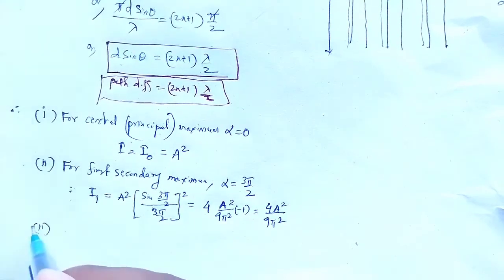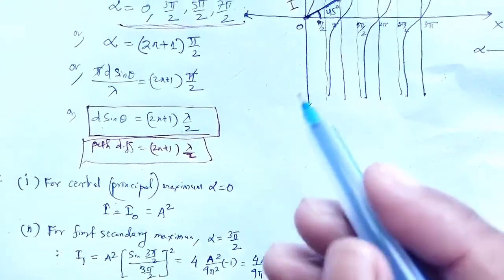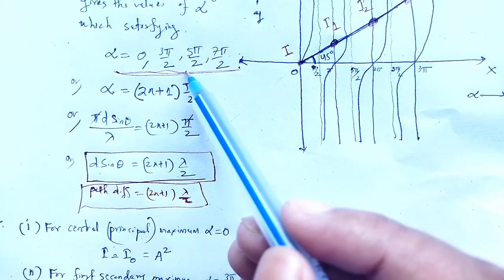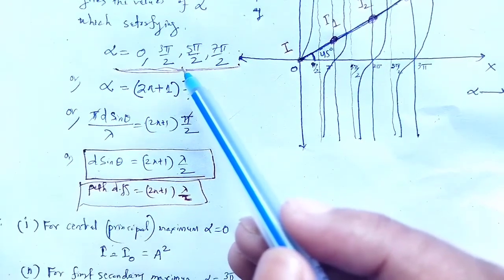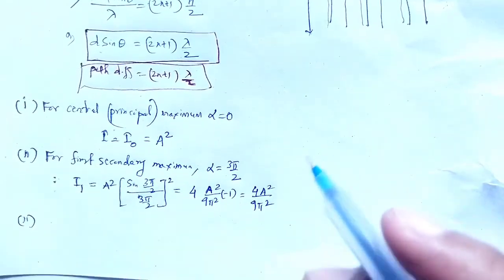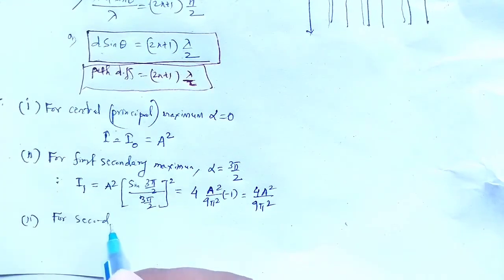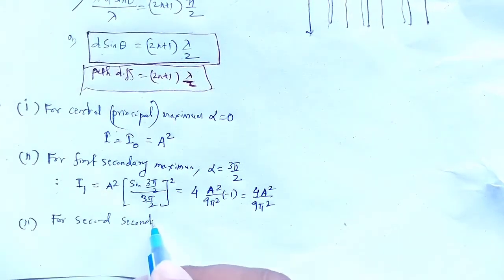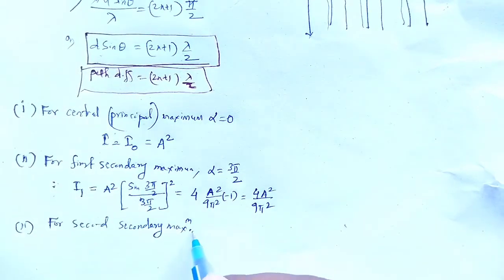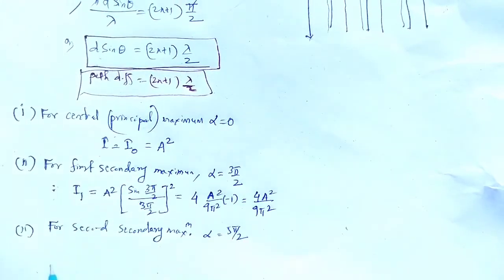Again, for the second secondary maximum, alpha is equal to 5 pi by 2.